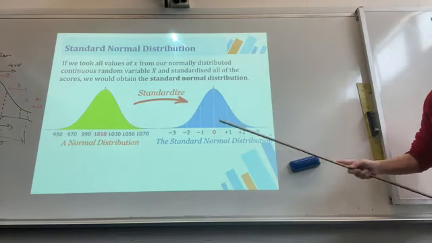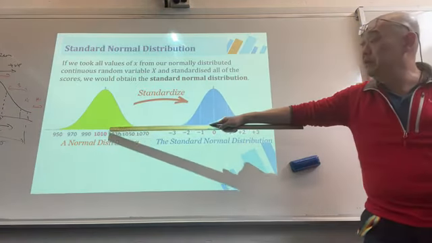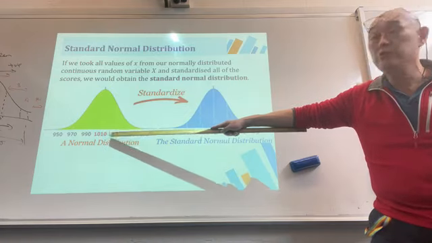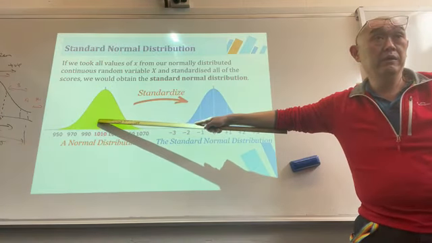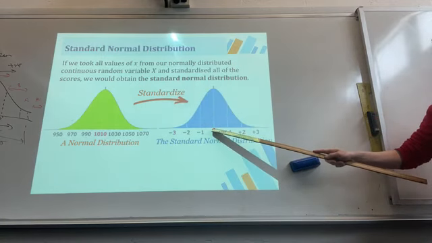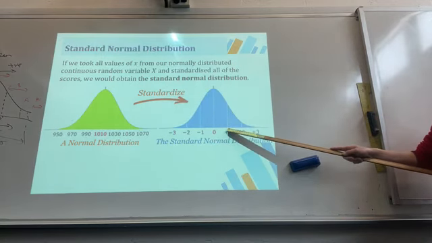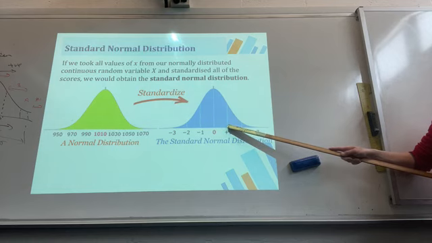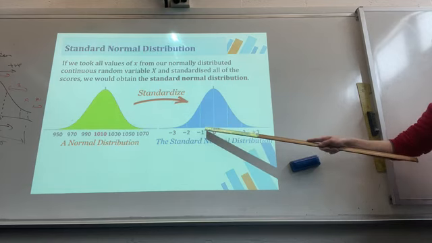When you work out the standard deviation here, you know that one standard deviation is equal to 20. Now, in the standard normal distribution, that is just 1. That is one standard deviation.